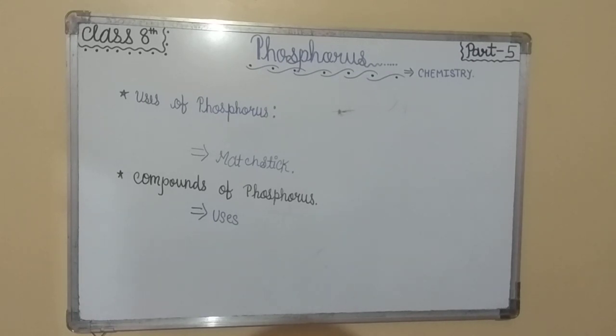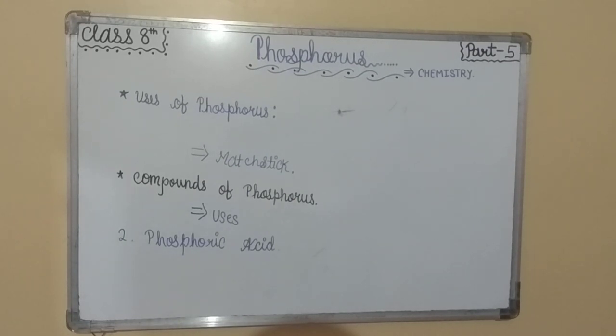Next is phosphoric acid. Preparation: phosphoric acid is also known as orthophosphoric acid.